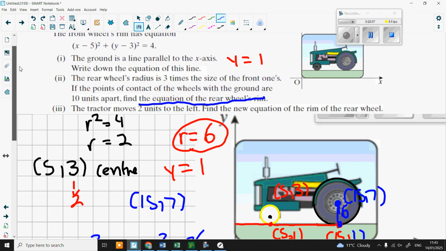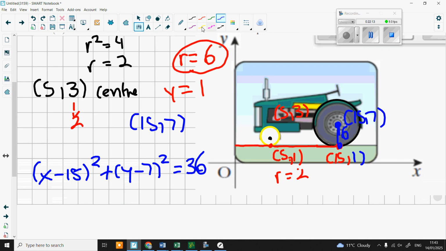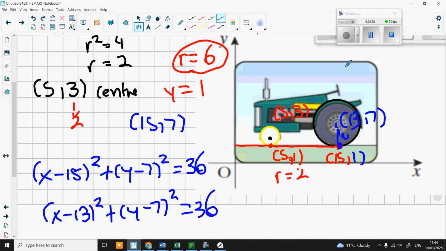Now, next question. The tractor moves 2 units to the left. Find the new equation of the rim of the rear wheel. Well, does that just mean 15 changes to 13? Yeah, because it moves to the left, so the answer is x minus 13 squared plus y minus 7 squared equals 36.